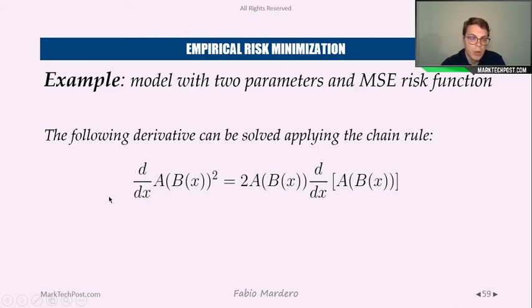We already know that we can apply derivatives such that, applying the chain rule, the derivative of (a - bx) squared is equal to these terms.